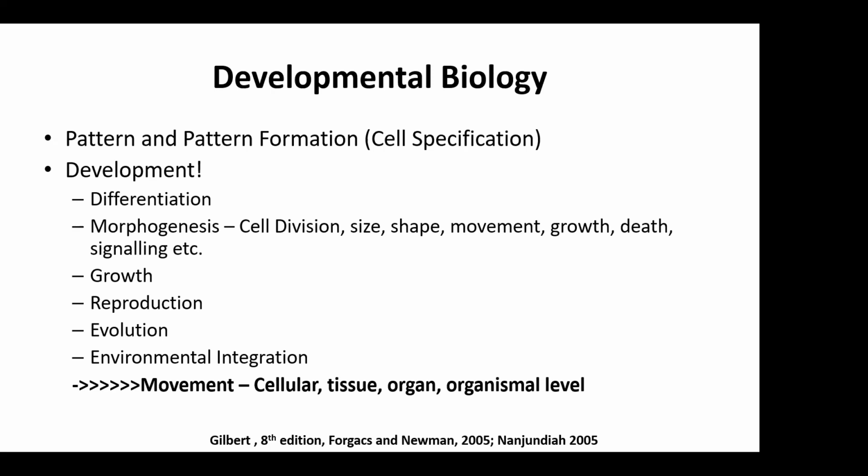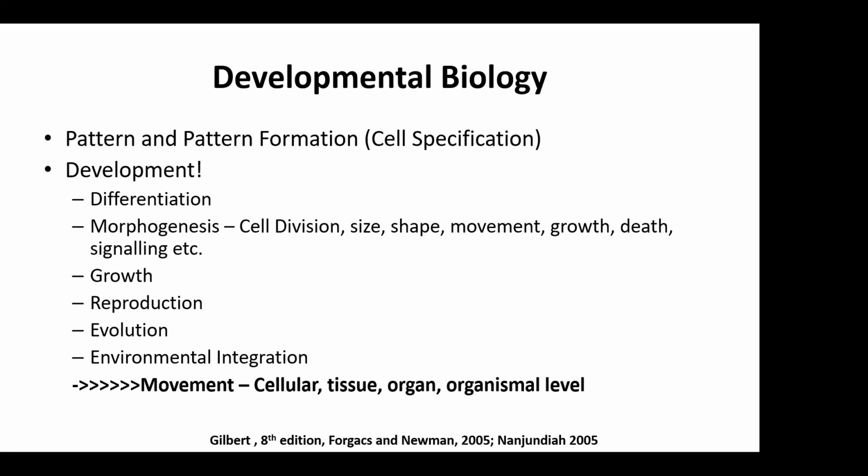The movement is at the cell level. When the cells form the tissue, there is a movement at the tissue level, and there is a movement at the organ level. I don't have to give you an example, but finally you need the movement at the organismal level so that we have all this function properly, right?